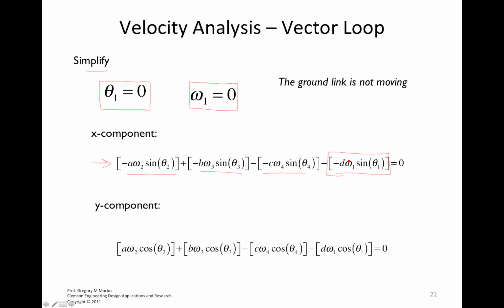Negative d omega 1 sine of theta 1, this goes to 0. Similarly, velocity 2, velocity 3, velocity 4, 0.